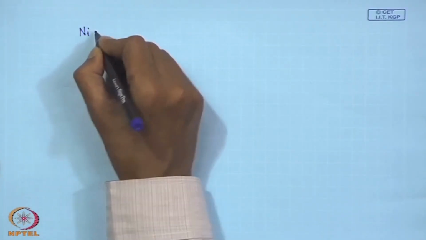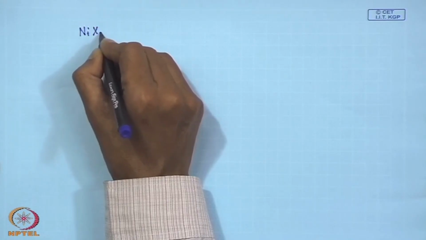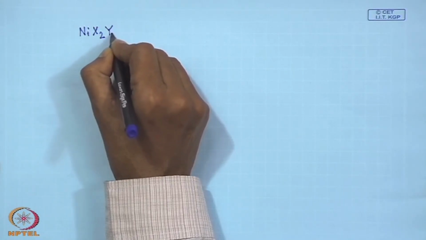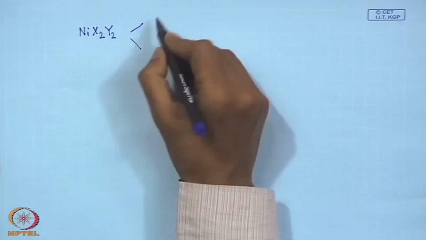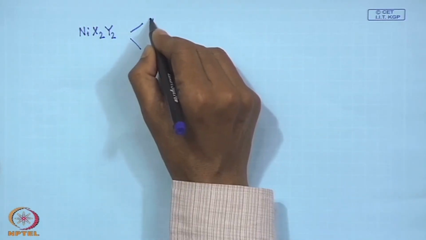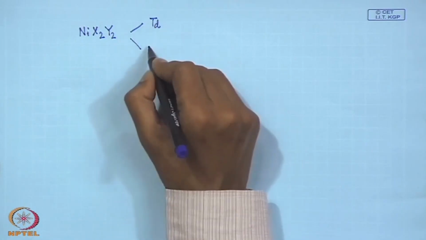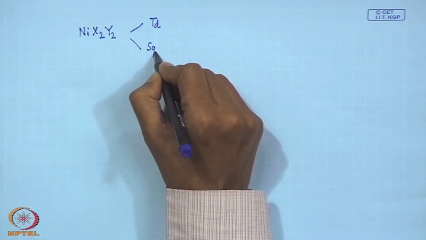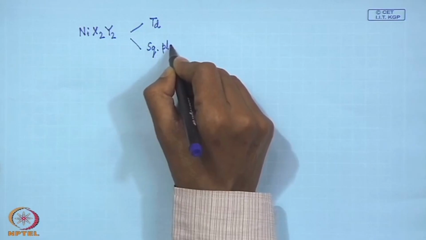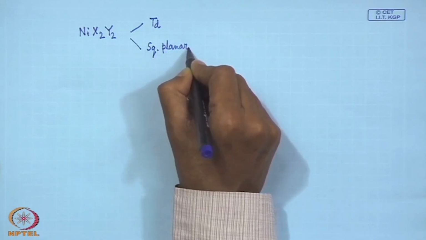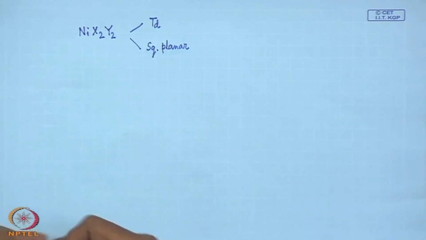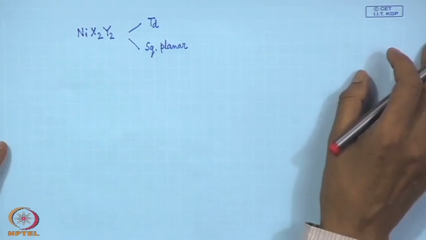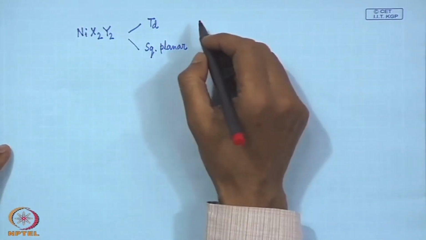So, if we have some arrangement of NiX2Y2, we can have a tetrahedral geometry or we can have a square planar geometry. This tetrahedral and square planar geometry we can understand when we study in detail the electronic configurations.